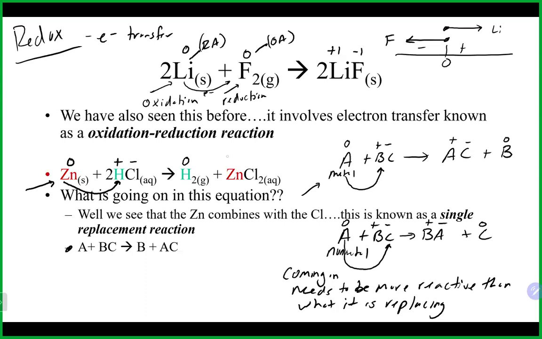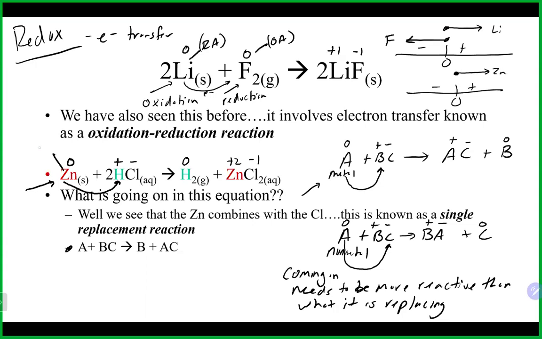And the zinc at this point will now gain a charge of +2, and the chloride will still be -1 in this case. So this is a single replacement reaction. This is still a redox reaction that is happening. If you take a look at the zinc here, the zinc is starting at 0 on the left-hand side and ending on the right-hand side at +2.